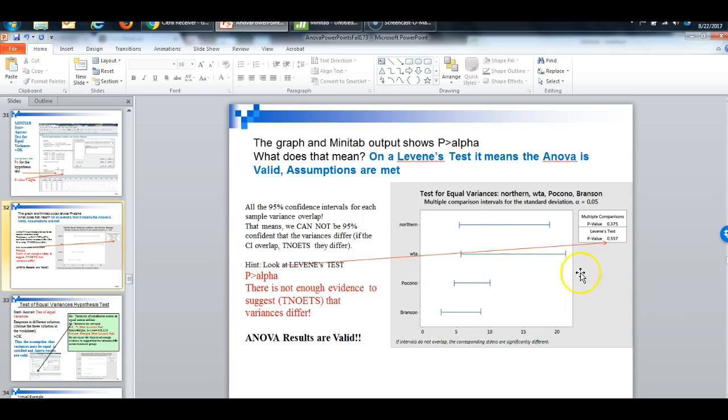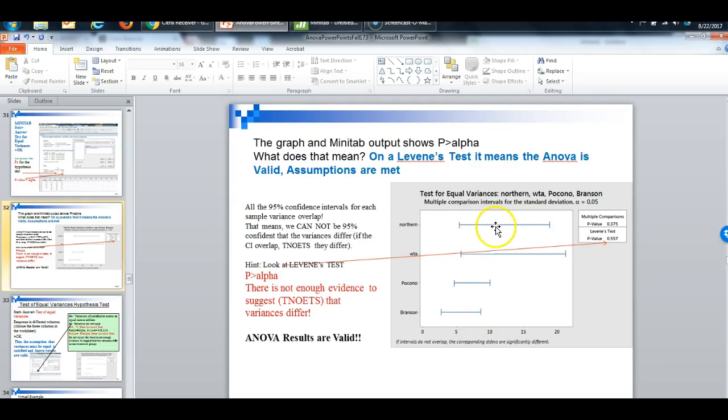We also get a graph. A graph is always useful. It's always nice to be able to understand graphical analysis. Basically, this is the test for equal variances, with multiple comparison intervals for the standard deviation. So this is saying, do any of these overlap? If they overlap, say at 7 or 8, which they all do, 7 or 8 is all within the realm of these confidence intervals, then you cannot be 95% confident that they differ because they do overlap.